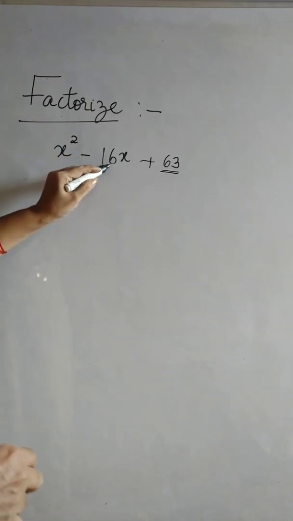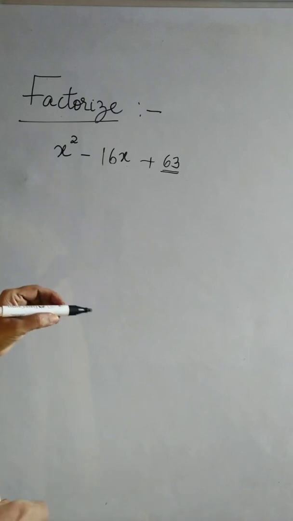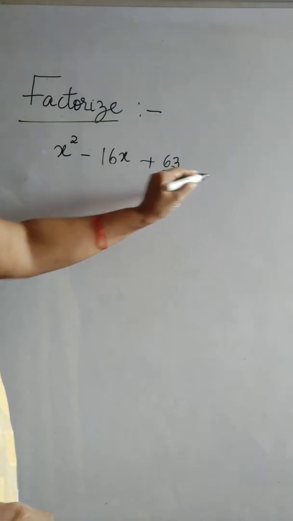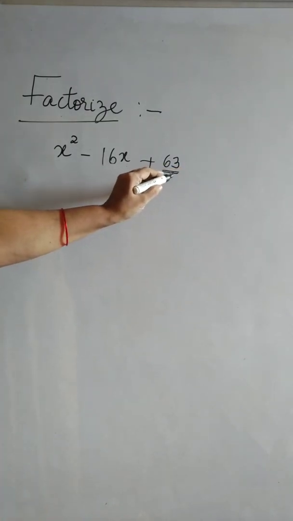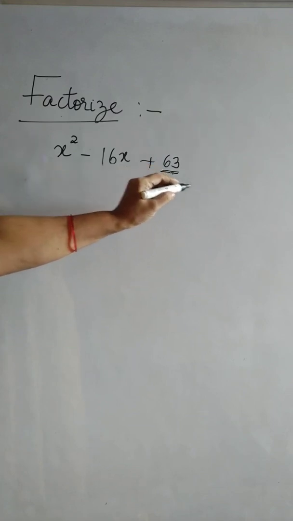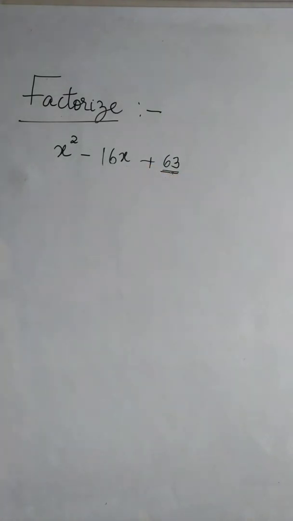Factorize x square minus 16x plus 63. So let us first find the factors for the last term, that is 63, because here 63 is a constant number without having any variable. So let us find the factors of 63.